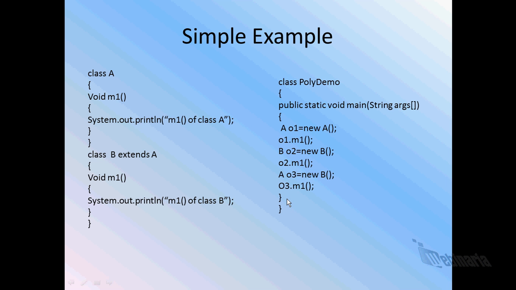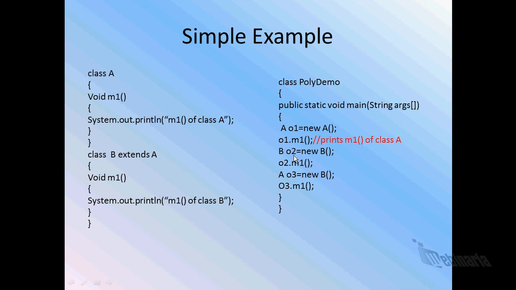Hence, when you execute this statement o1.m1, it is going to print m1 of class A, because for the compiler the o1 reference type is A, and for the JVM the object type is also A.